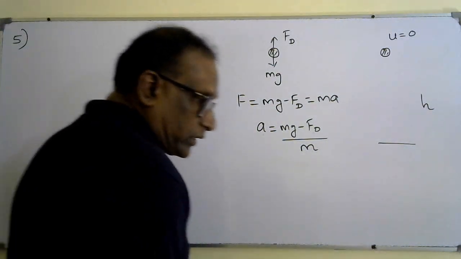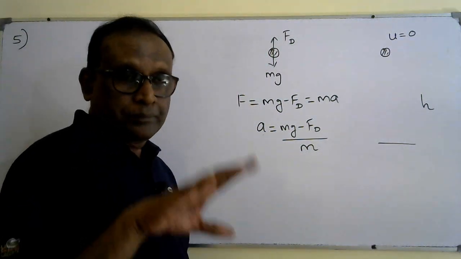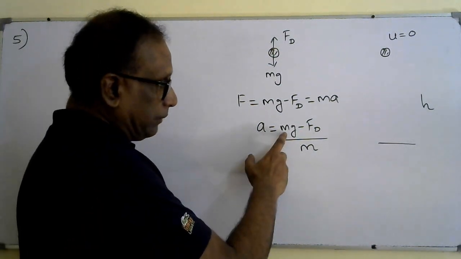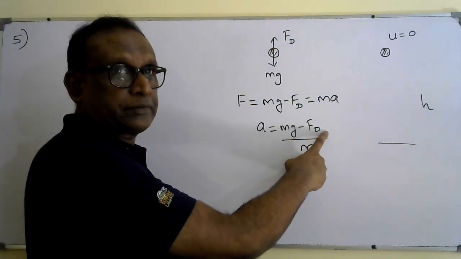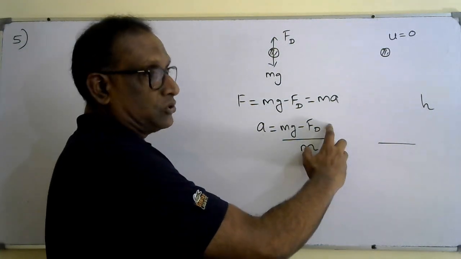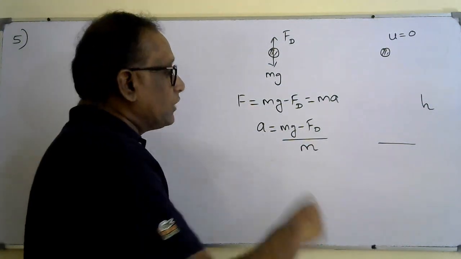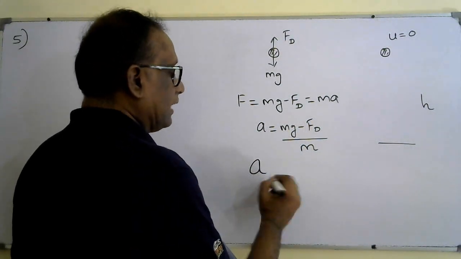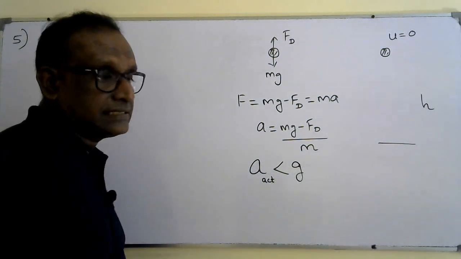So the acceleration the student considered in his calculation is g, but practically the actual acceleration is mg minus Fd, you are subtracting a particular quantity, the drag, divided by m. Since there is a drag force, the actual acceleration will be smaller than g. It won't be the same as g.